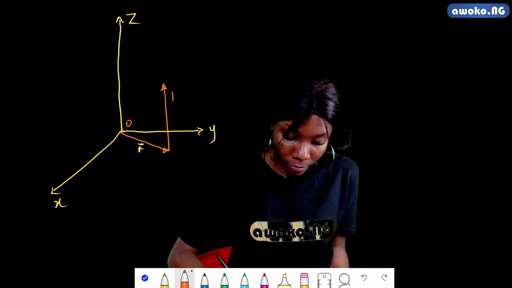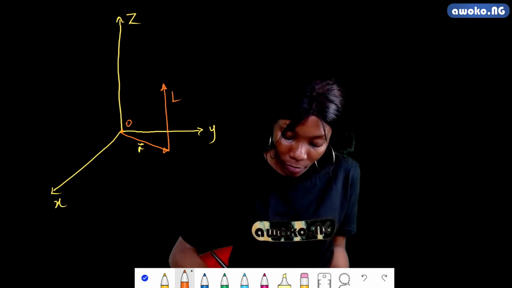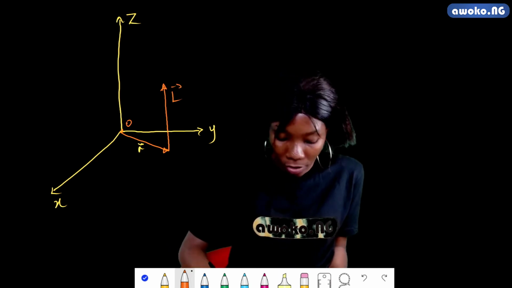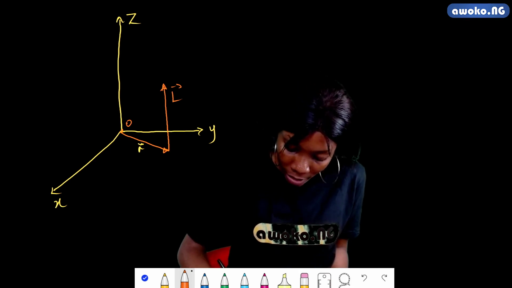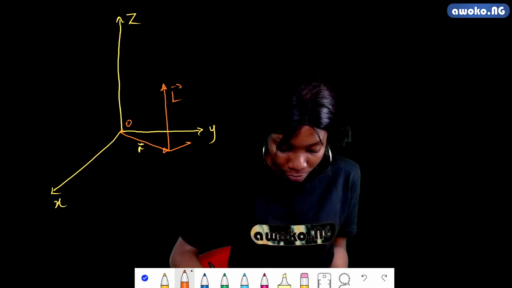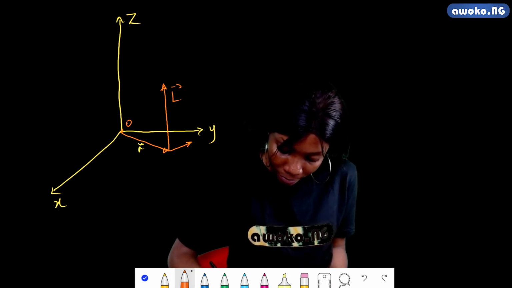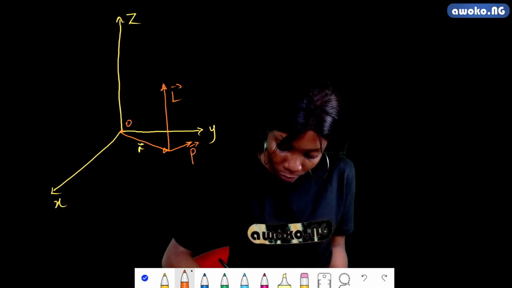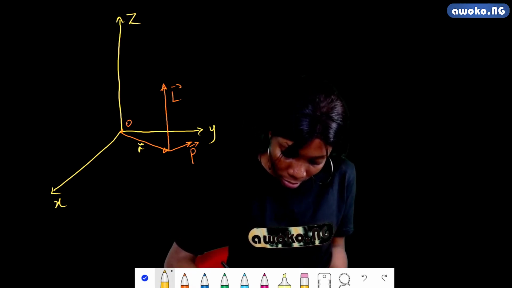And we have the linear momentum as well, the linear momentum of the particle moving in this direction. So we have P. Okay, so we connect the dots.